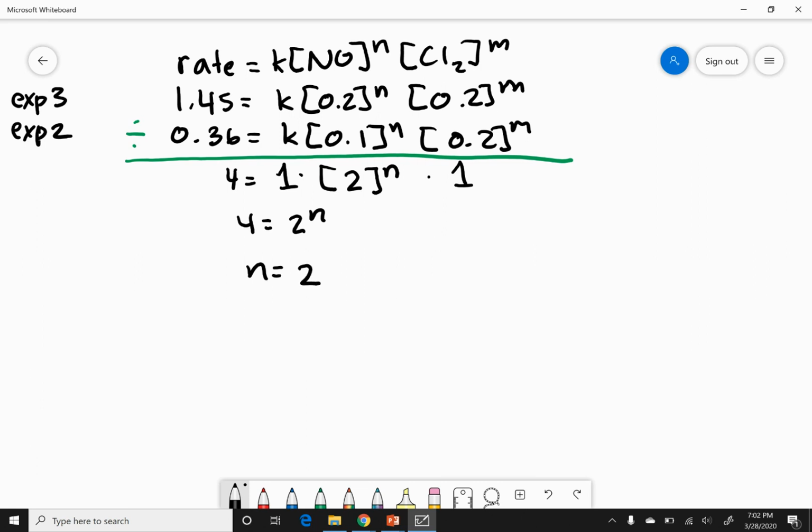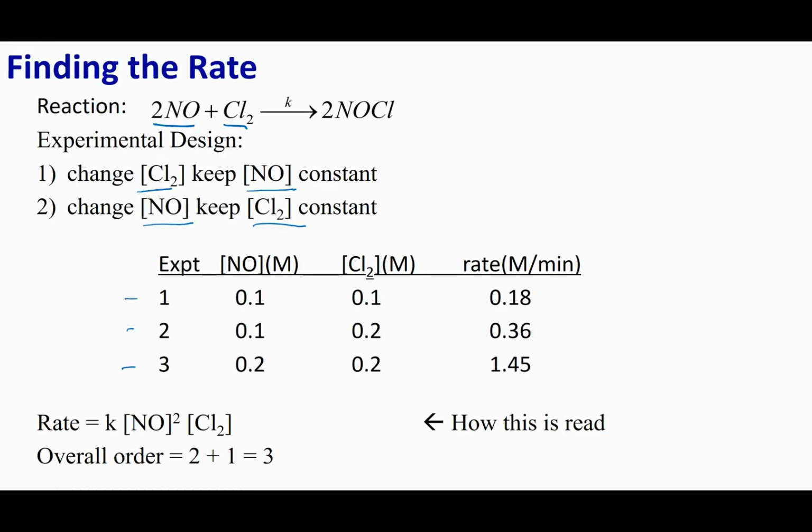And so now we finally got our orders for each one of these. Let's go back to our rate law. So our rate law now can be written. We found out that NO is second order, so we put it to the 2. Our chlorine is first order, so we can just raise it to the 1 or leave that out.